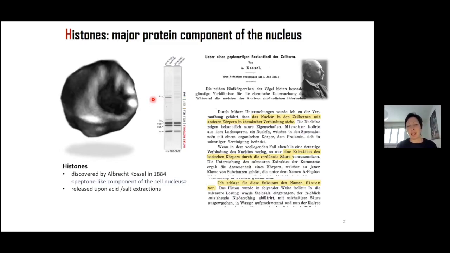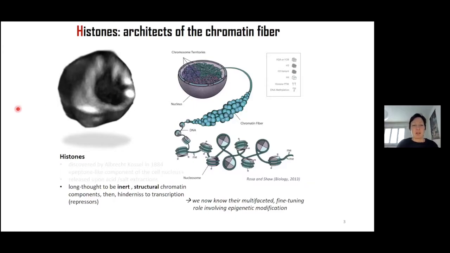But in the past decades, there has been a resurging interest in this histone, and especially given its emerging role in regulating gene expression. So linker histones are part of the chromatin together with the core nucleosome histones.